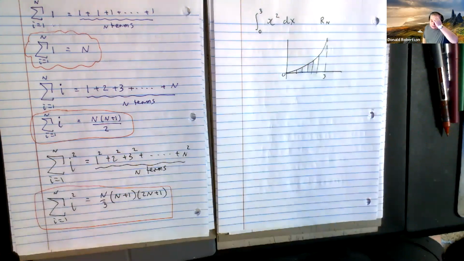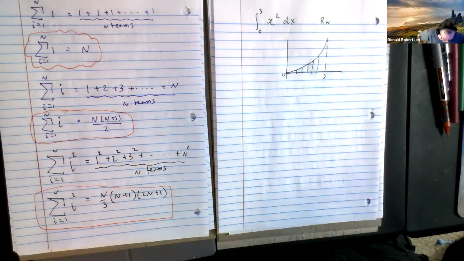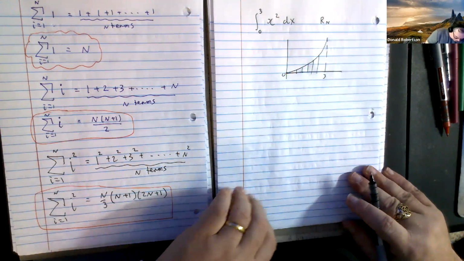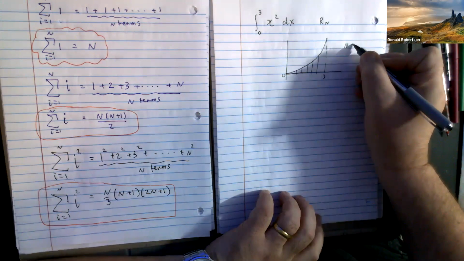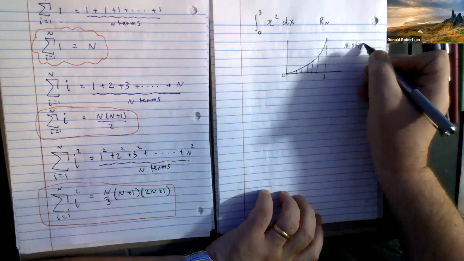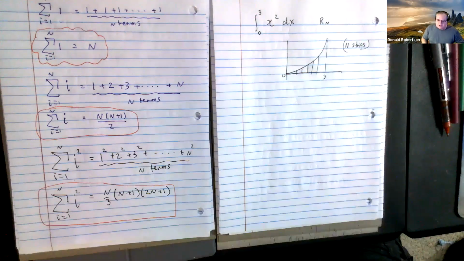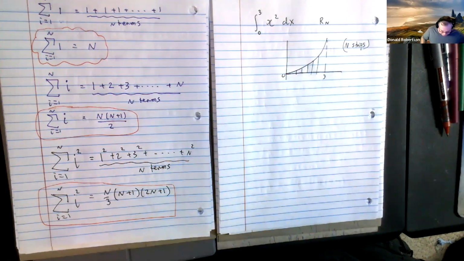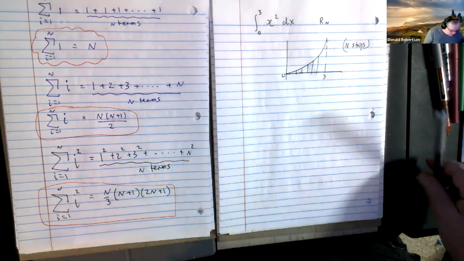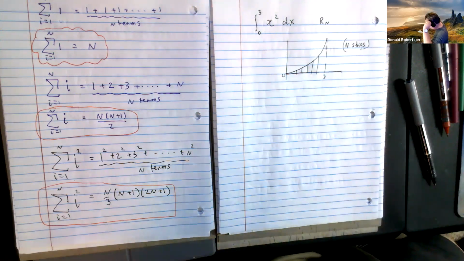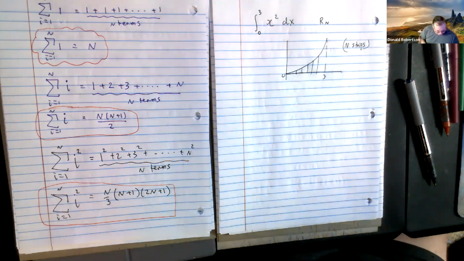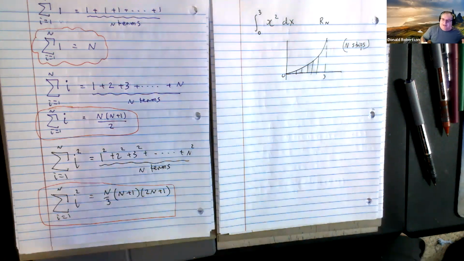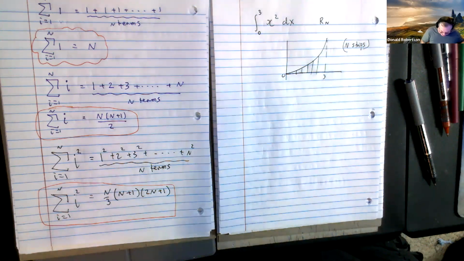Right, can you imagine taking a shape, breaking it apart? Now, I'm going to do n strips. So it's not going to be R8 or R100. It's going to be n. It's going to be unknown number of strips, just n.